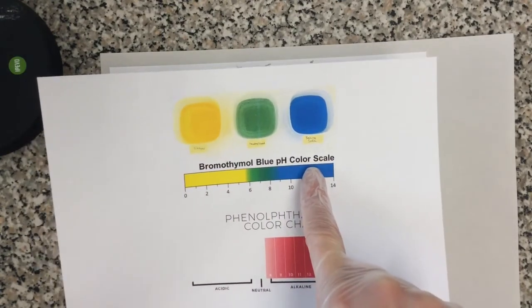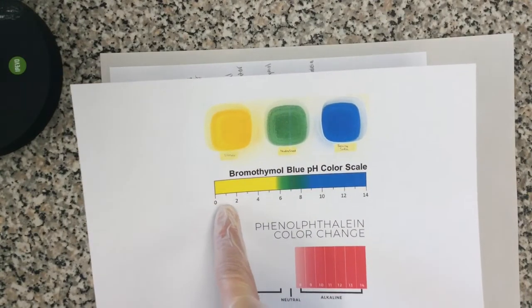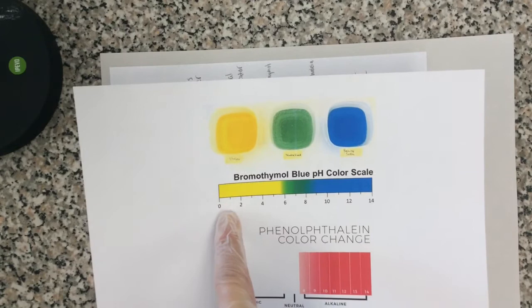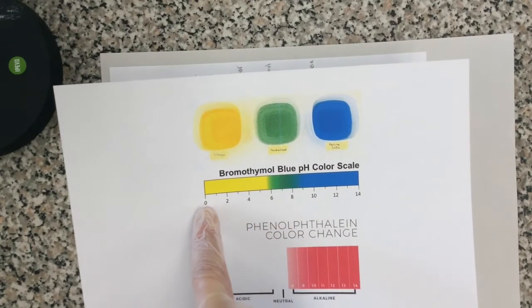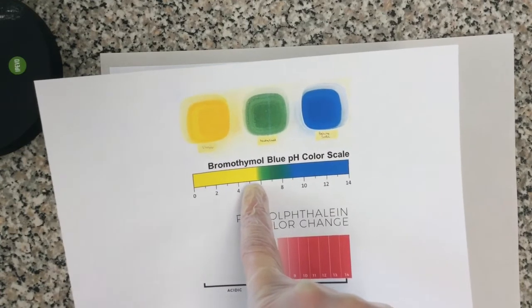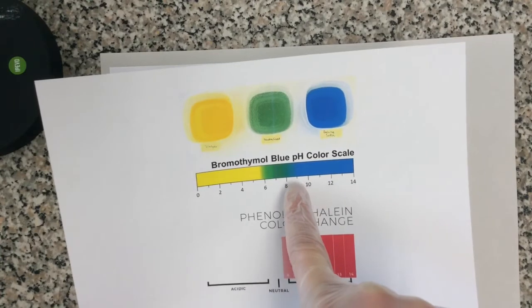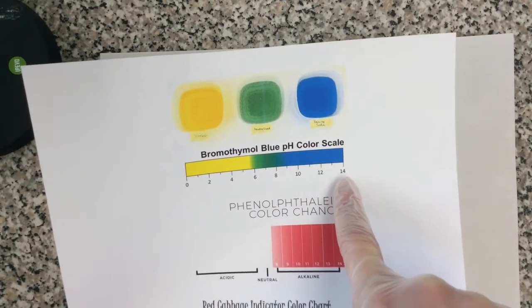You can see if it's yellow, it's somewhere in this range. It's somewhere with a pH of 0 to about 5.5, which is acidic. If it's basic, it's going to be about 9 to 14.